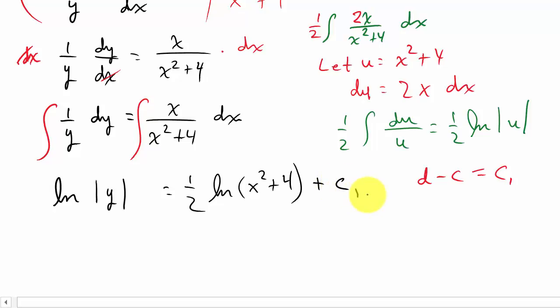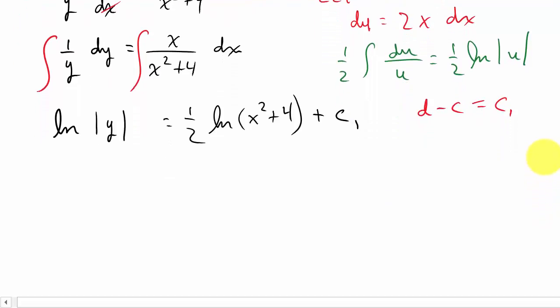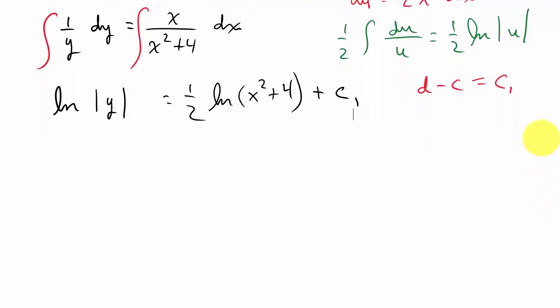Okay, alright, so now let's look at this. Well, we have natural logs in here. Well, we don't want natural logs. We want to solve this thing here for y. Alright, so how am I going to do that?